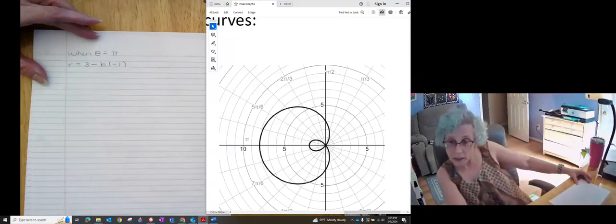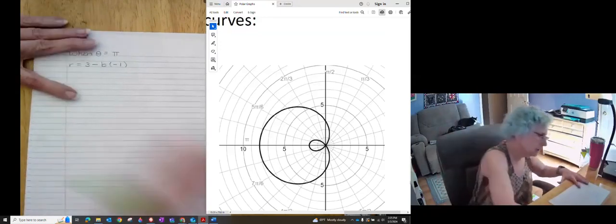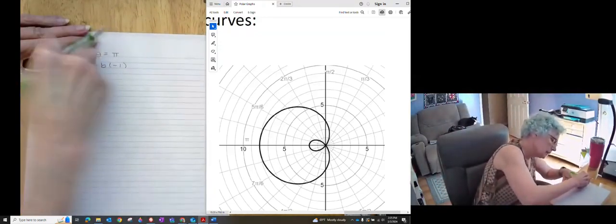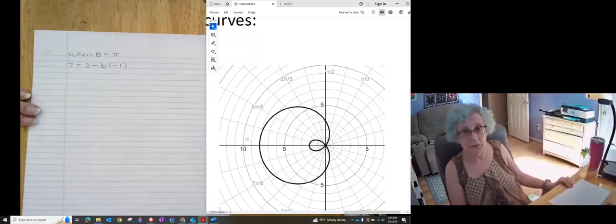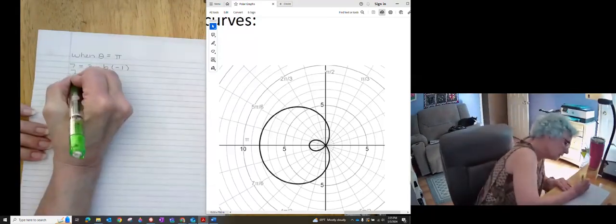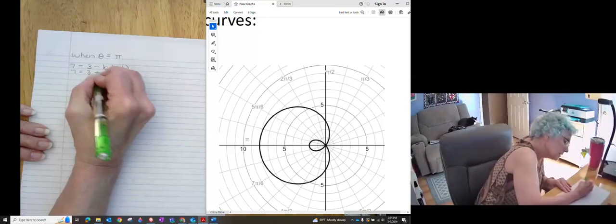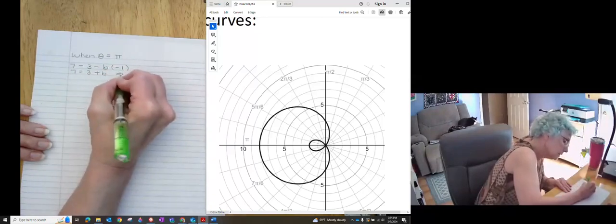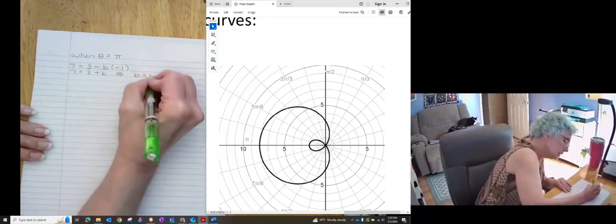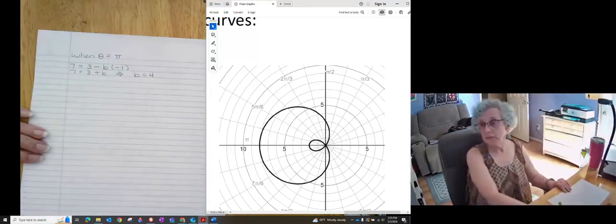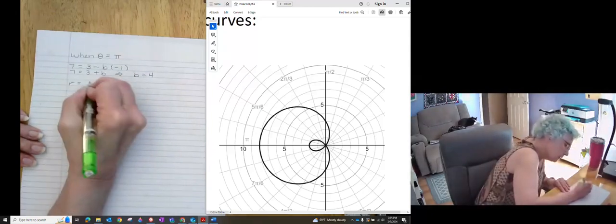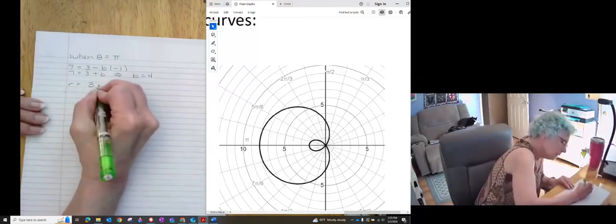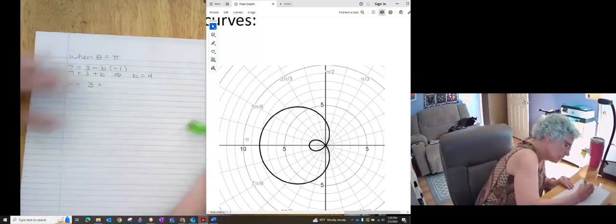But at theta equals pi, I'm at 7. So 7 equals 3 plus b, which means b has to be equal to 4. So r equals 3 plus minus 4.